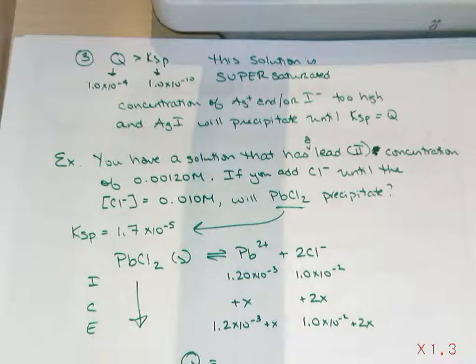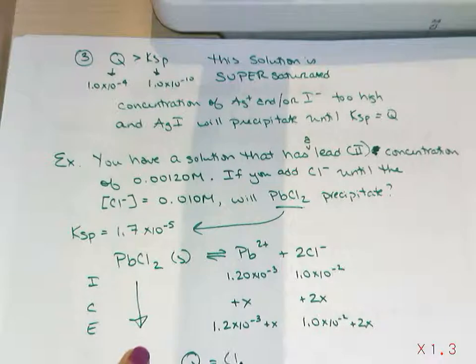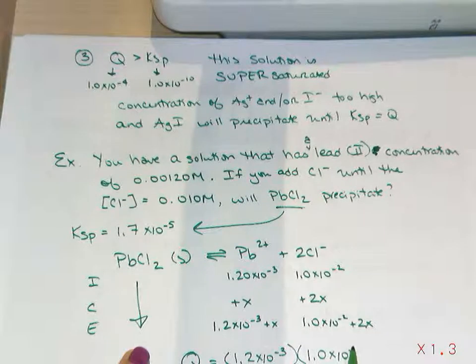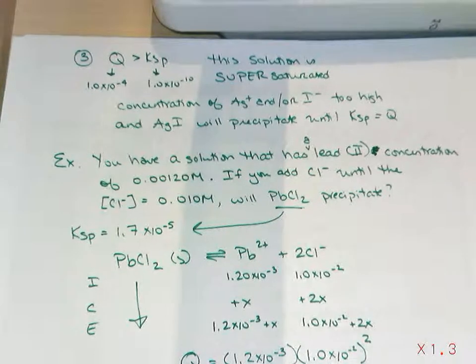So it still does apply to the 2x? It does apply to the 2x. But you still have to square the second one. Let's see, what does that turn out to be?